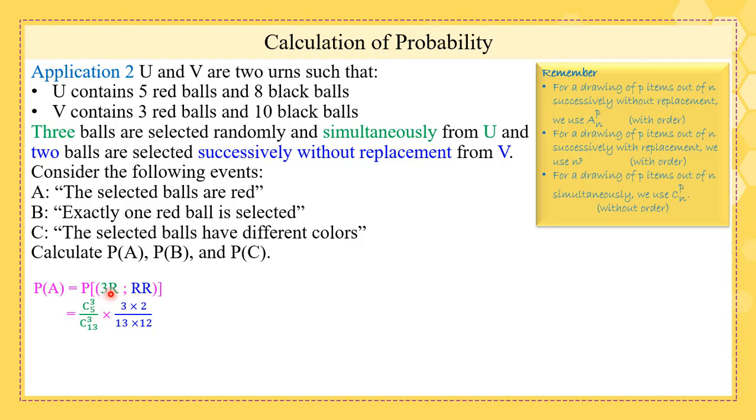So we need to choose 3 red balls from U simultaneously. So 3 out of 5 over 3 out of 13 times 2 red balls from V successively without replacement. So we're going to choose 3 times 2 in the numerator and 13 times 12 in the denominator. And remember here that the order is not important because RR are the same letters. And this would be the answer.